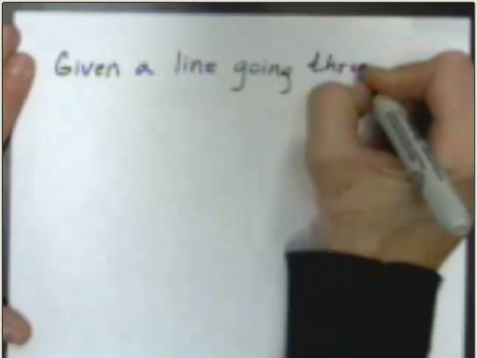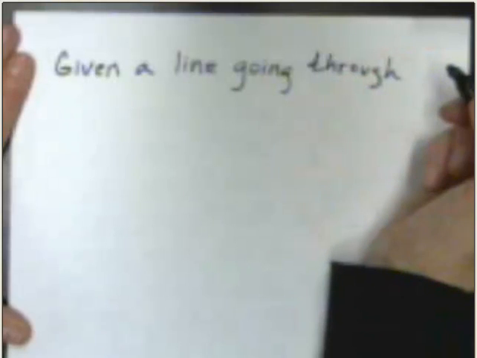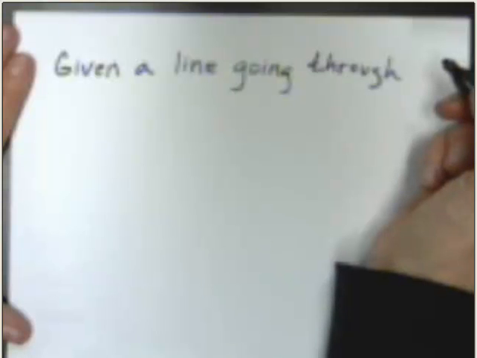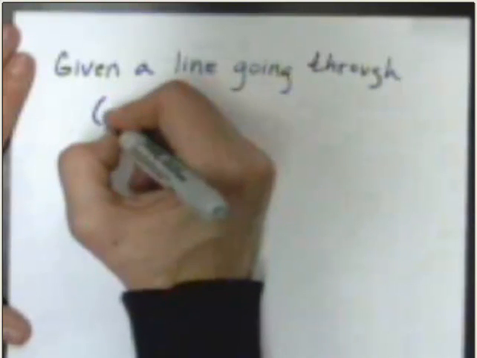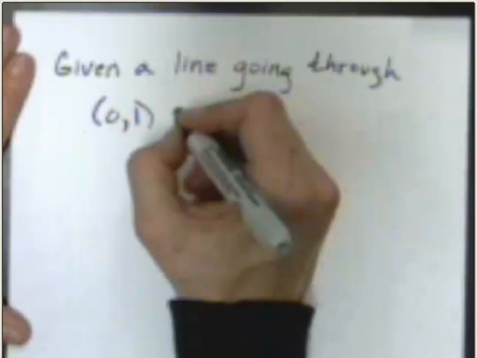You guys help me. What points do I want this line to go through? I'm just making this up, so help me out. Don't pick big numbers because we don't want big numbers. 0, 1. Okay, what's another point it's going to go through?